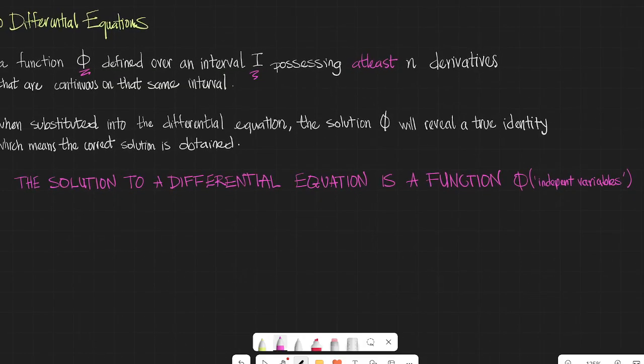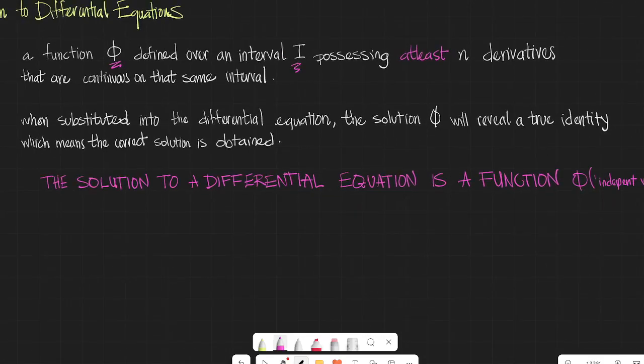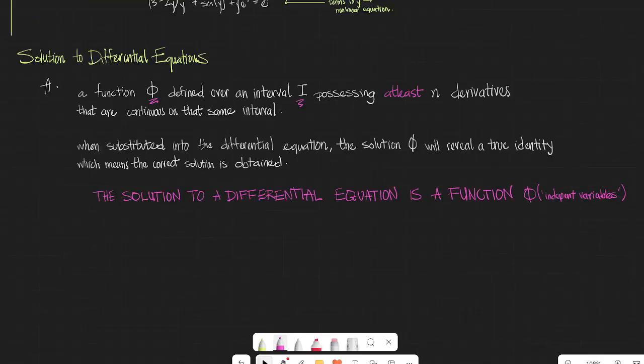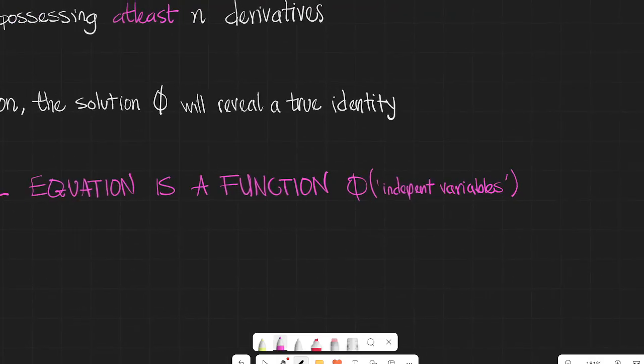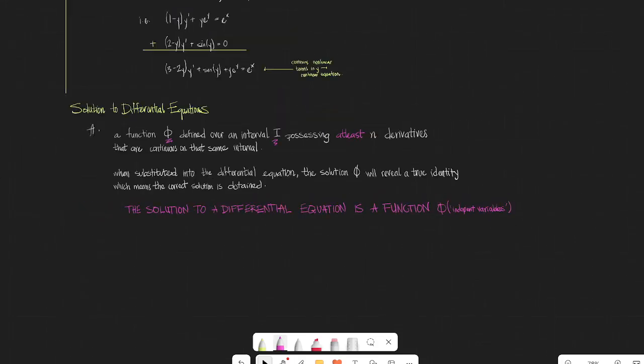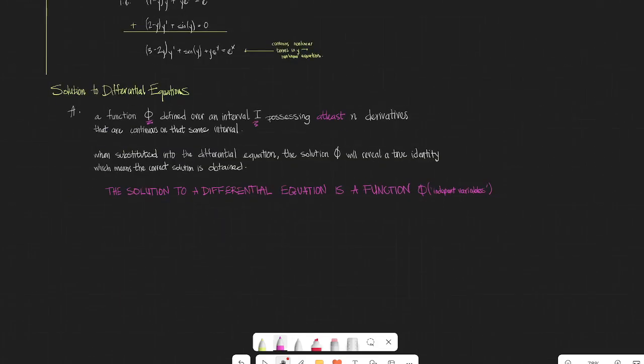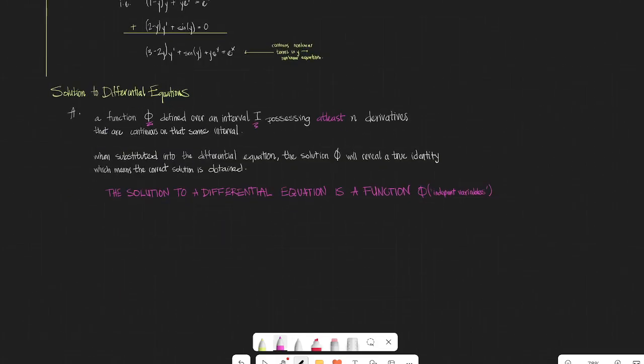So key takeaway from this video is that the solution to a differential equation is a function, phi of the independent variables, and so it's different from algebra, right? Because the solution to an algebraic equation was a number that would solve the equation, and then when plugged in would result in a true statement. This is the same idea, but now we're going to plug in a function, and it's going to result in the same type of identity.